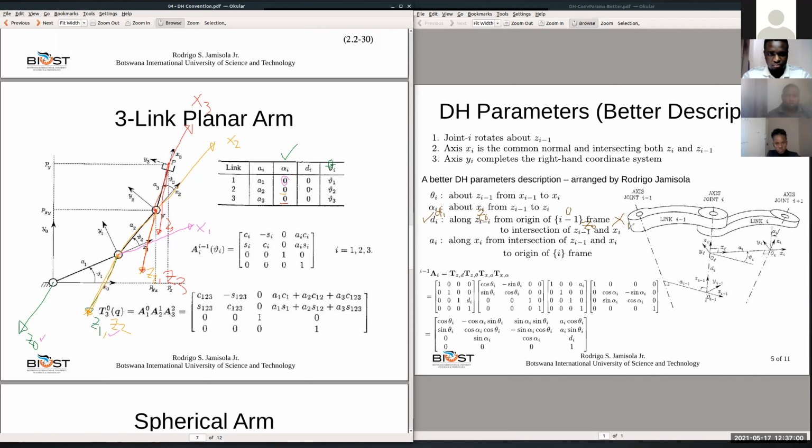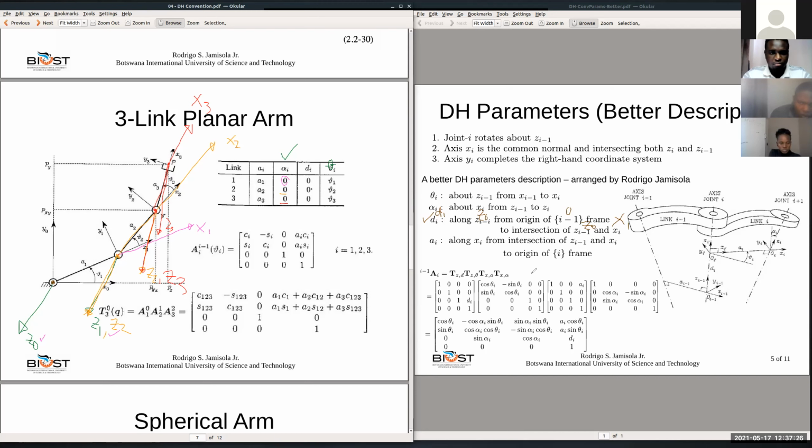There are two things that you need to consider, the origin, there are 2 points. Where's the origin of frame 0? This origin of frame 0 to the intersection of Z0 and X1. Where is X1? Where is Z0? This one. Where is the intersection of X1 and Z0? That one.